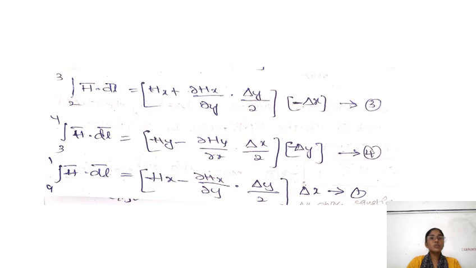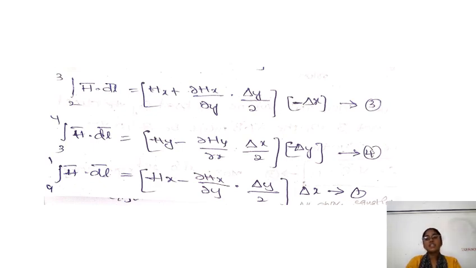The integral from 2 to 3 of H bar dot dl bar is equal to Hx plus dou Hx by dou y, times delta y by 2, into minus delta x. That implies equation 3. The integral from 3 to 4 of H bar dot dl bar is equal to Hy minus dou Hy by dou x, times delta x by 2, into minus delta y.